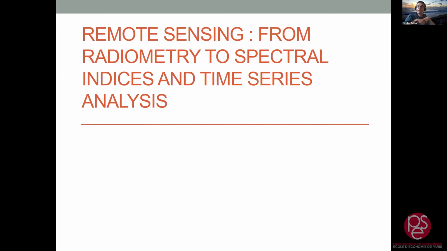The k-means or the Euclidean distance classification method was not developed for remote sensing, even though it is applied. But now I will show a more specific method for which I need to introduce more physics. So I will talk more about radiometry to introduce spectral indices and, on Thursday, time series analysis.